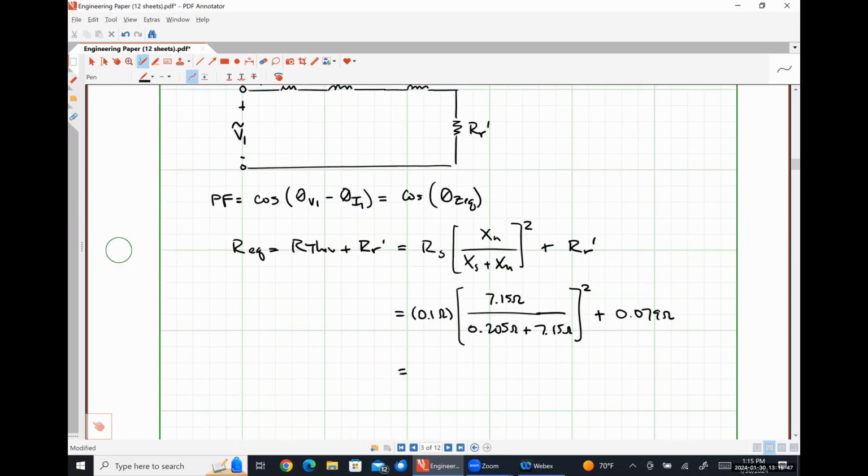Putting all of this in my calculator and hoping the computer doesn't just die on me randomly again, I wound up getting 0.1735 and some change ohms.